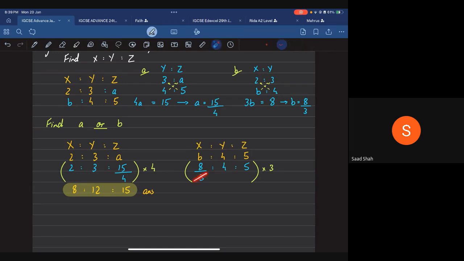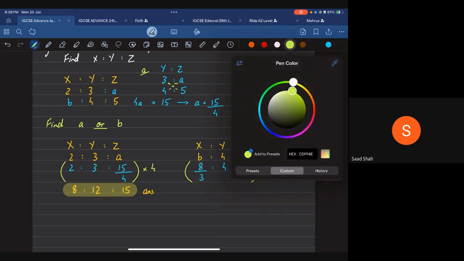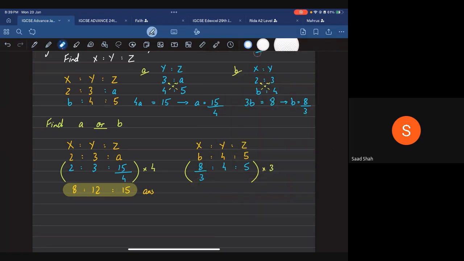Why? Because these 3 will cancel out and you'll be left with 8. But let's see if my final answer is not affected by it. So it is going to be 8 ratio 4 times 3 is 12 ratio 5 times 3 is 15. So again, you can clearly see that I'm getting the same answer.